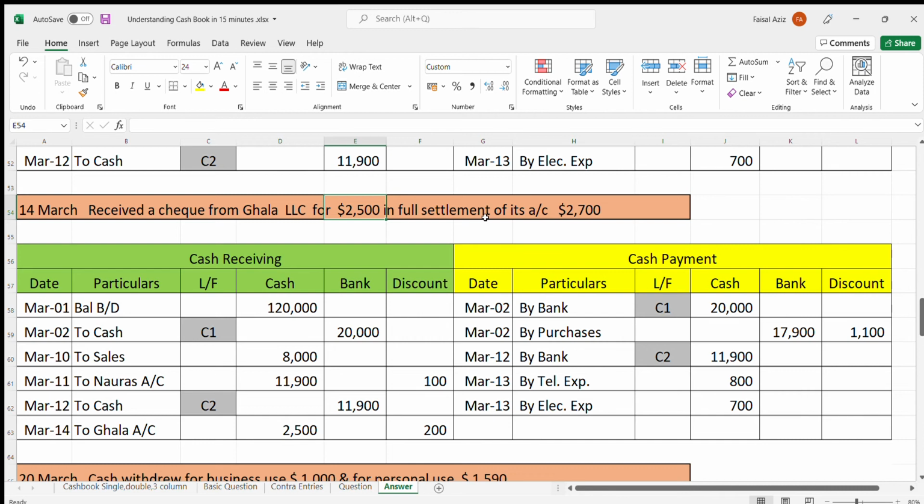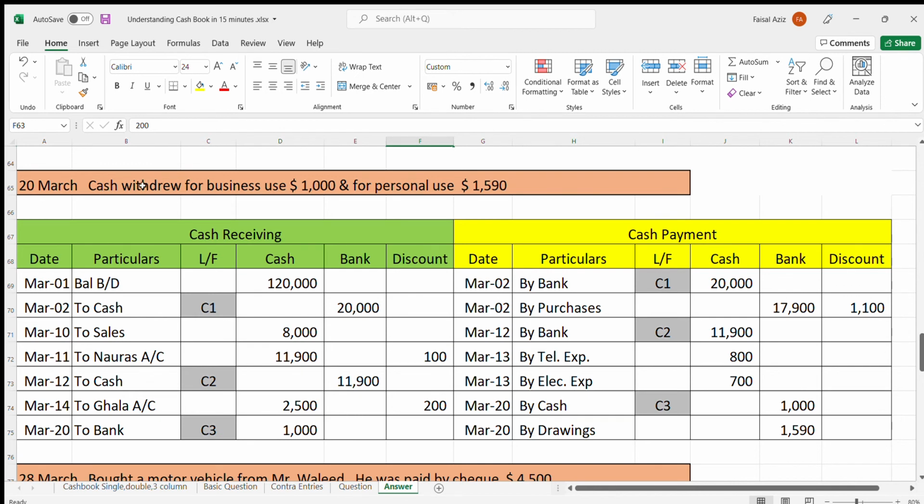Since it is a check, but it doesn't mention whether the check is deposited the same day or not, we will treat this check as cash. So we will record to Ghala account 2,500, and the difference between 2,700 and 2,500, which is 200, will come here as a discount.